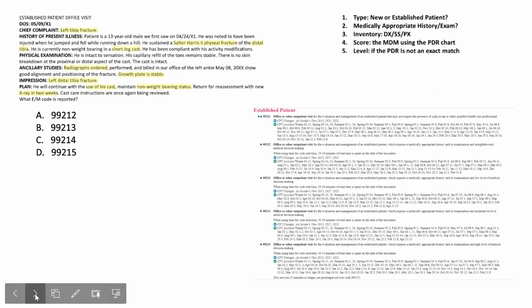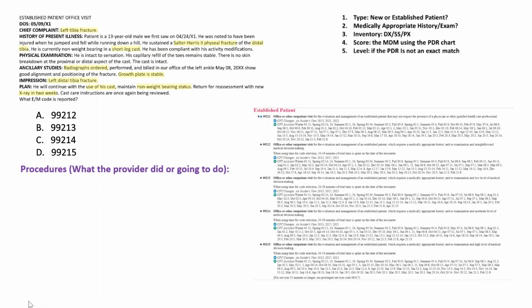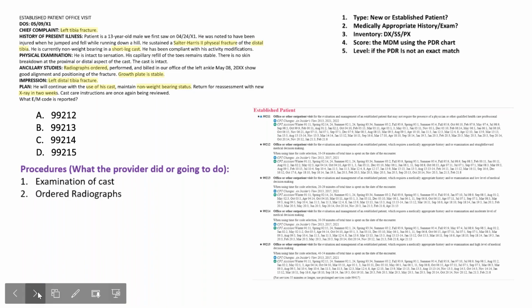If we look at it, in terms of new or established, it is an established patient. Procedures the doctor did: he examined the cast, he ordered the radiographs, he read the radiographs, more x-rays in 2 weeks, and the diagnosis was a left tibia fracture.